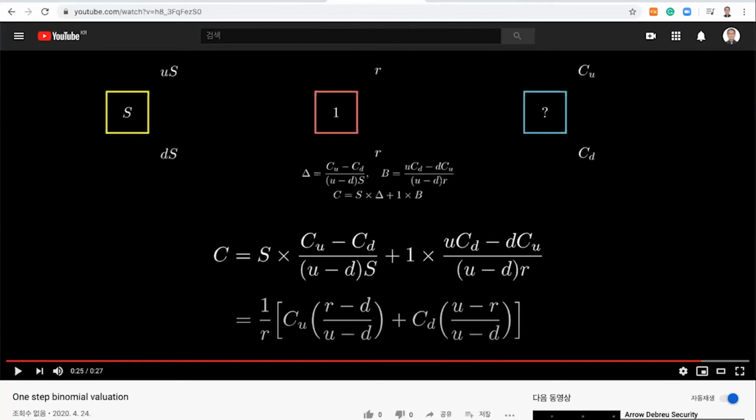R minus D is also always a positive number because R was in between U and D, and R was greater than D. So the first fraction is positive, and the second fraction, U minus R, is also positive. So the whole thing is positive. They are all greater than zero, and if you add these two numbers, you will get 1. So that's sort of a probability.